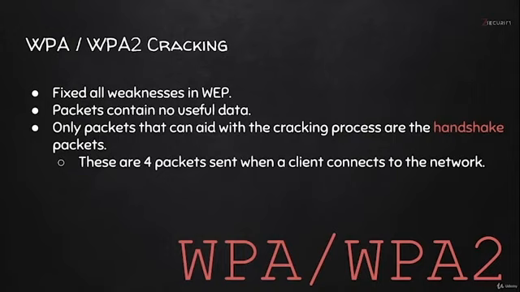The only packets that contain useful information are the handshake packets. These are 4 packets transferred between a client and the router when the client connects to the network. So, in this lecture, I'm going to show you how to capture these packets, and in the next lectures, we'll see how to use them to crack the WPA or WPA2 key.